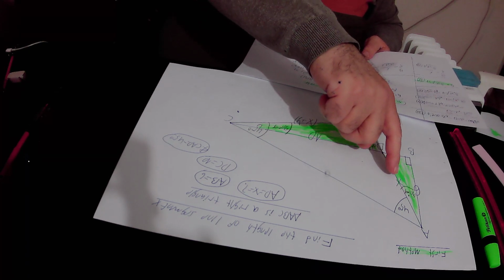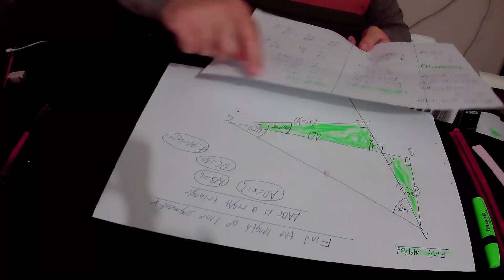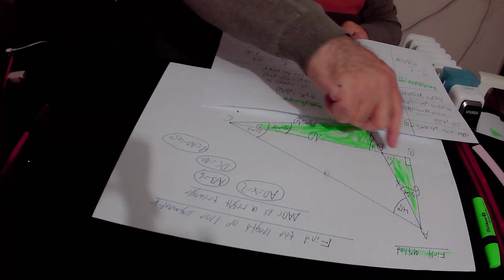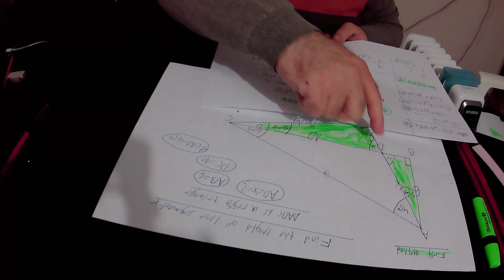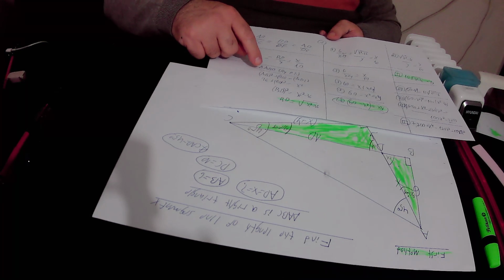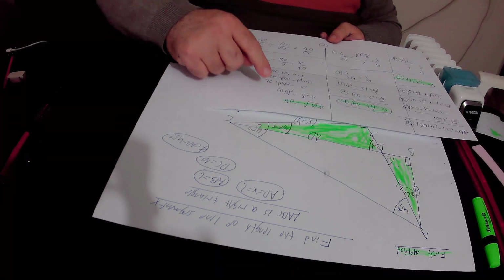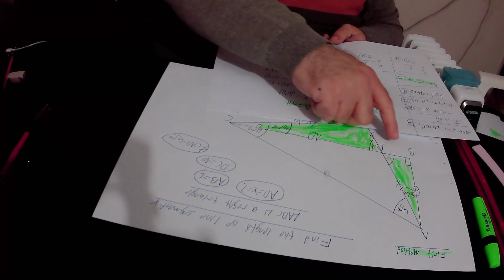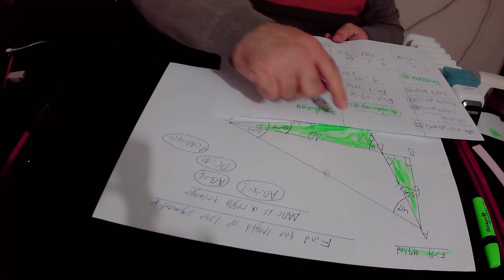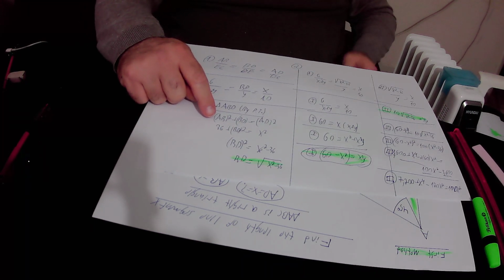That is to say, AB squared plus BD squared equals AD squared. AB squared is 6 squared, which is 36, plus BD squared, and AD squared is X squared. So 36 plus BD squared equals X squared.